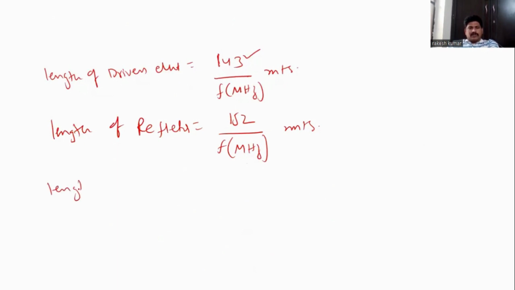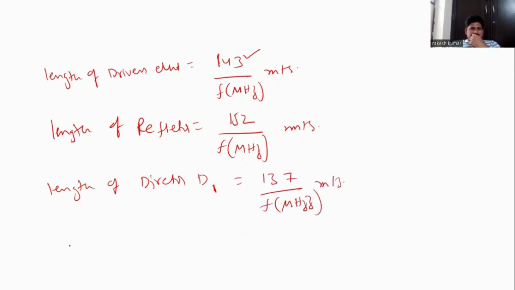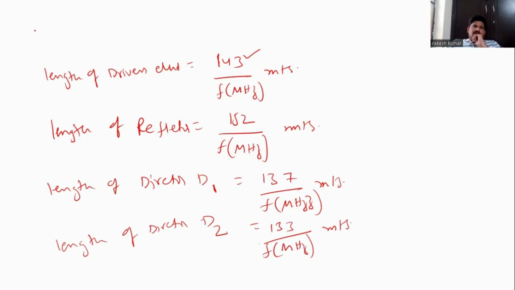Therefore, the length of director D1 is given as 137 by F in megahertz, in meters. Similarly, the length of director D2 is about 5% less, 133 by F in megahertz. So these are the formulas for the length of the driven element, reflector, and directors D1 and D2.